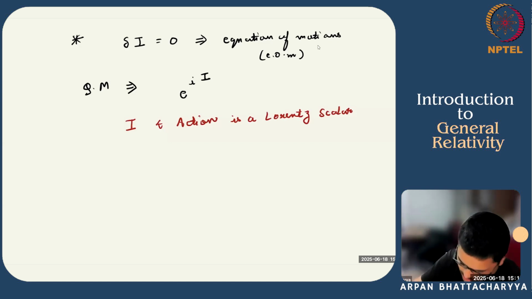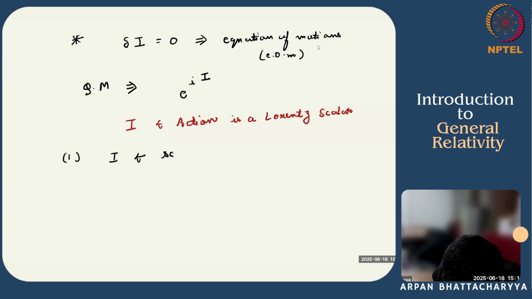The first one is obviously that I is a scalar under Lorentz transformation. So it remains invariant not only under Lorentz transformations but also under translations. In general, it remains invariant under the Poincare transformations.